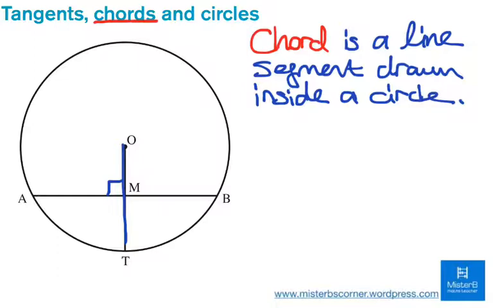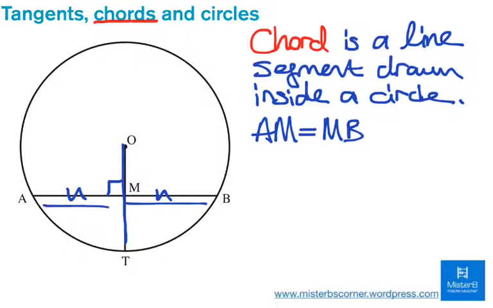And what's more, OT bisects AB, meaning AM is equal to MB. This is very important because you will be using Pythagoras to work through those lengths, and when you find one of those lengths you can just double it to find the entire length of the chord.